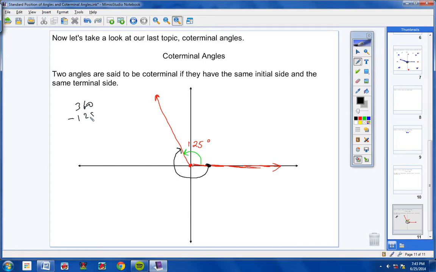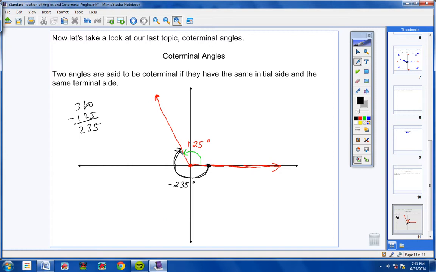All right, so negative, of course. So this angle here that starts here and rotates to the terminal side here is negative 235 degrees. So a negative coterminal angle for 125 degrees would be negative 235. All right, let's take a look at one more and then we're finally finished.